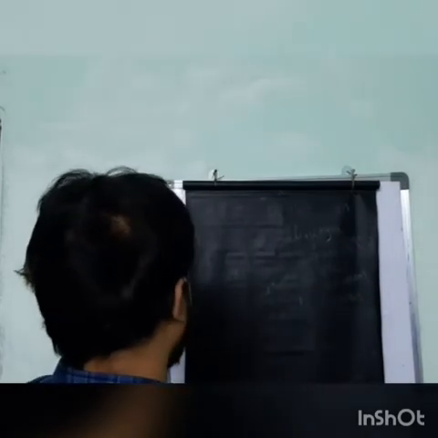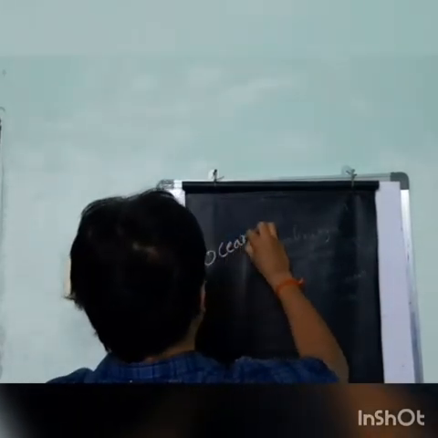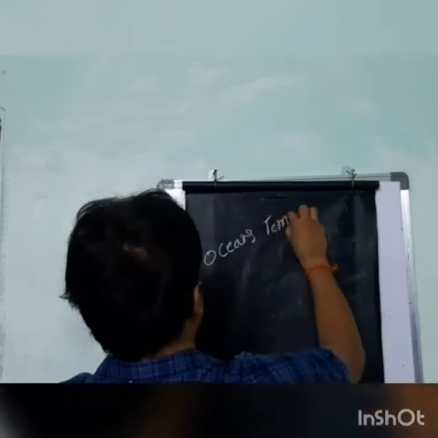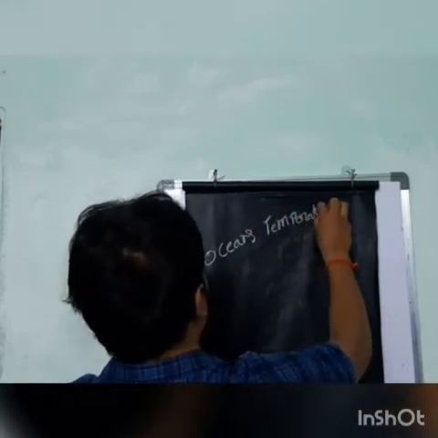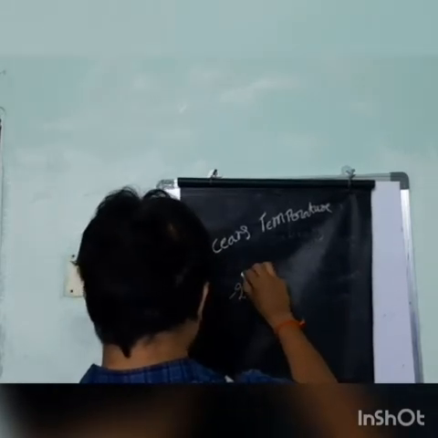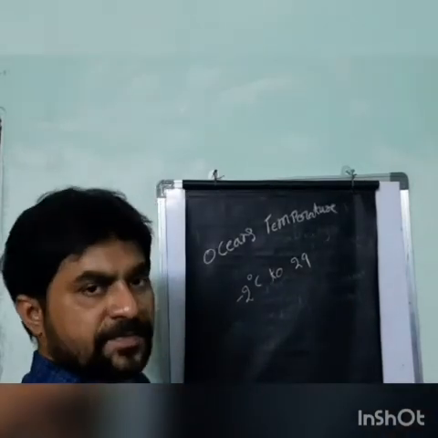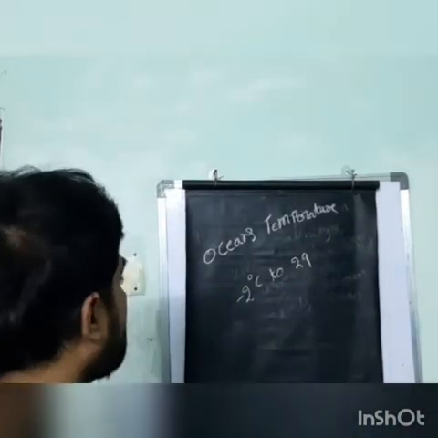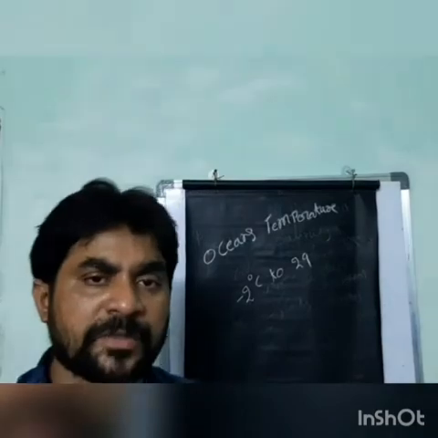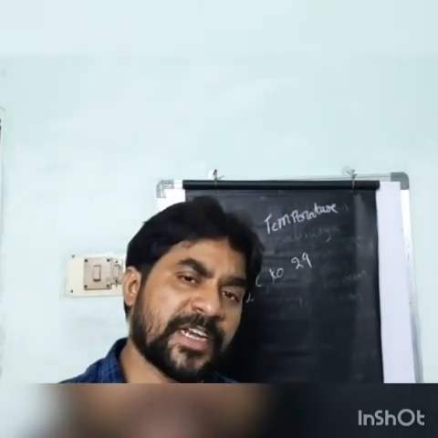Then take the next small topic, ocean's temperature. What do we call ocean's temperature? The ocean's temperature is between -2 degrees and 29 degrees. The temperature of the ocean is about -2 degrees to 29 degrees.